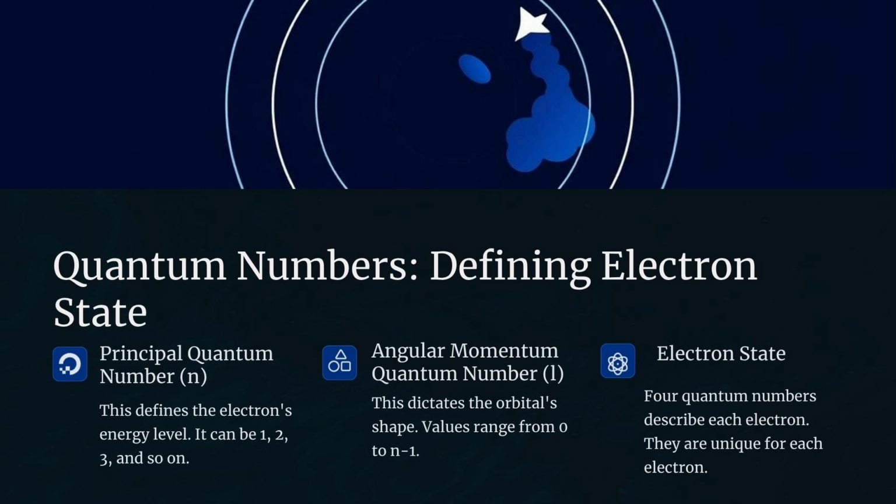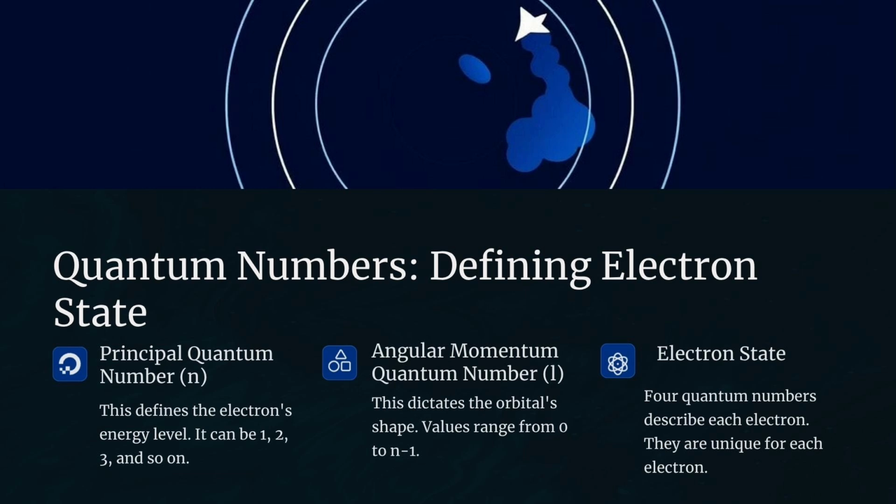Now, let's discuss how we describe an electron's location and energy more precisely using quantum numbers. First, we have the principal quantum number, n. This defines the electron's energy level. It's a positive integer; n can be 1, 2, or 3, and so on.